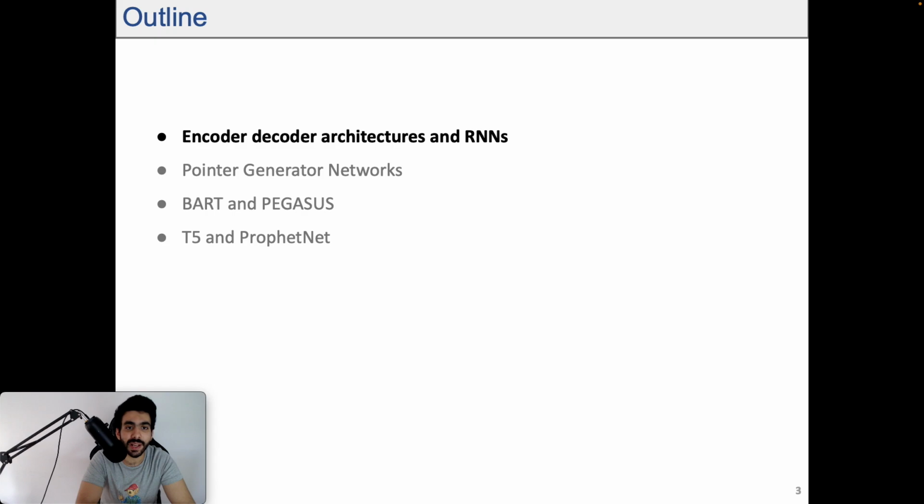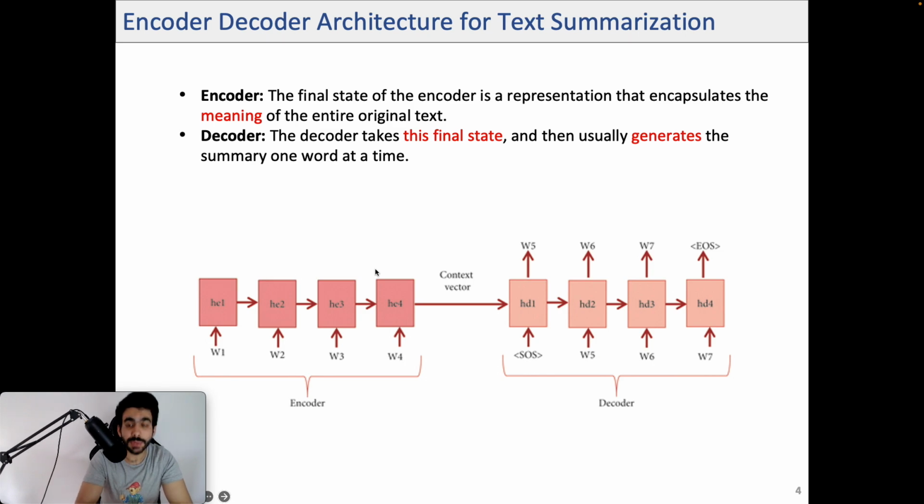Then we're going to finalize with T5 and ProphetNet. We're also going to keep a rolling table of the evaluation metrics in terms of Rouge 1 and Rouge L, and compare how different models perform on the CNN Daily Mail dataset with respect to the Rouge metric. So let's dive into it.